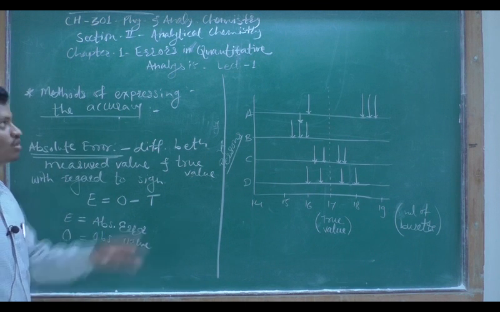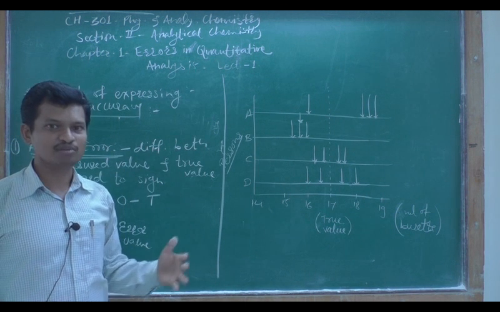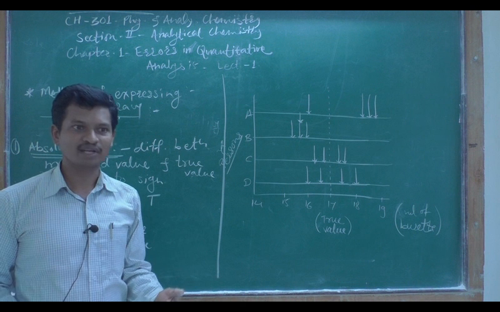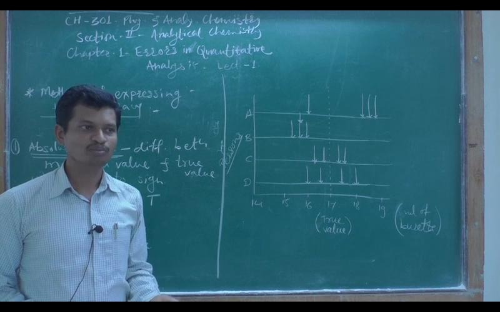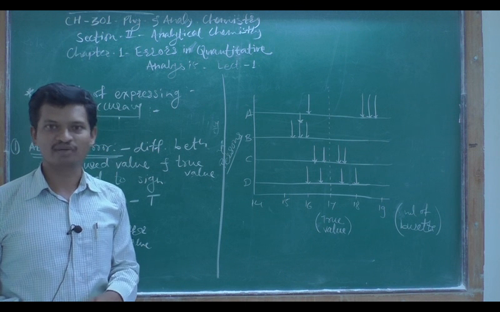This is all about quantitative analysis. Mind well, we are discussing this chapter which is totally related to quantitative analysis. We already know that analysis is of two types, qualitative analysis and quantitative analysis.